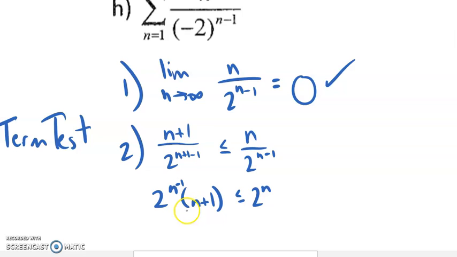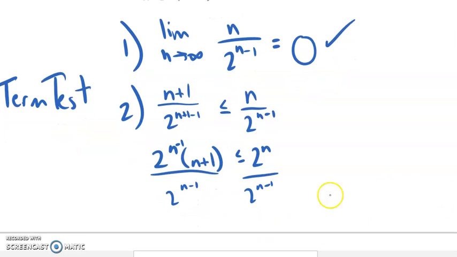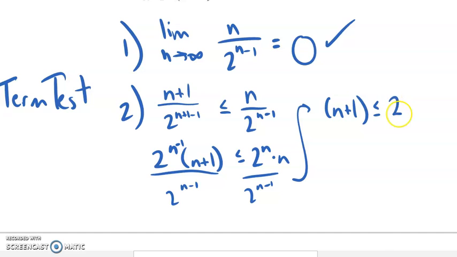And then we can divide out 2 to the n minus 1, because each of these has at least n minus 1 factors of 2. So that's going to leave us with n plus 1 on the left side. That's going to leave us with, I left out the n here, didn't I? 2n on the right side.